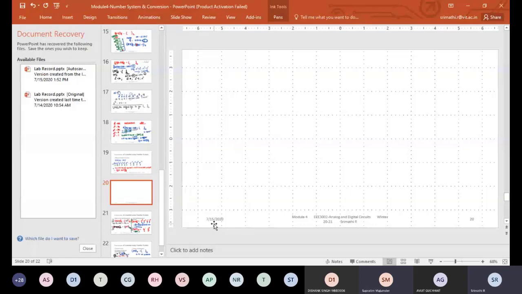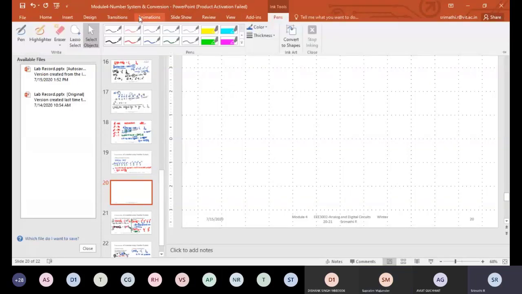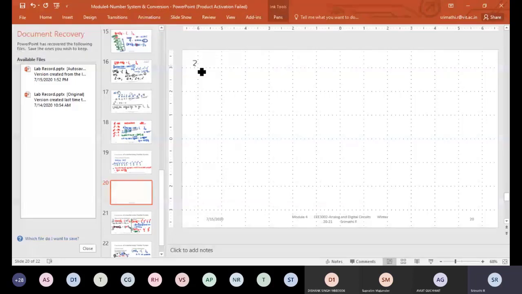Using repeated division by 8. So let me give the same example. Problem number 2: 359 decimal has to be converted into its equivalent octal. Convert it and tell me.